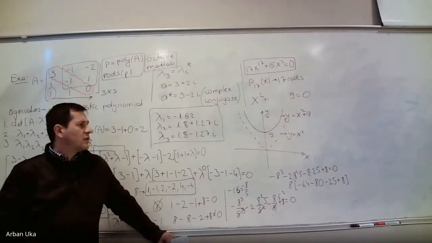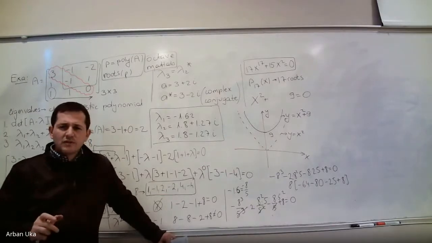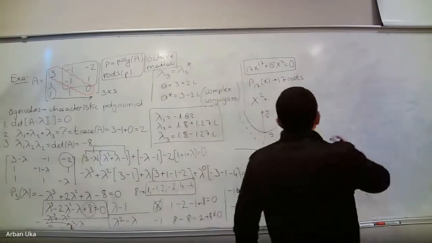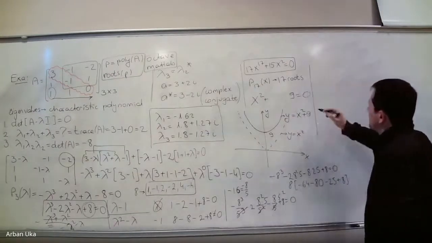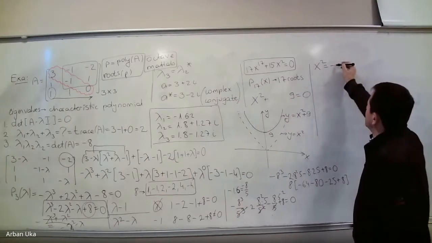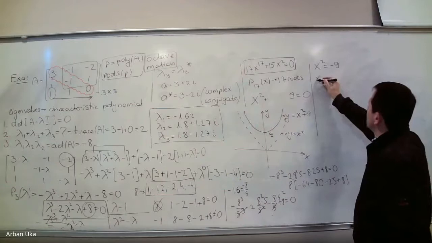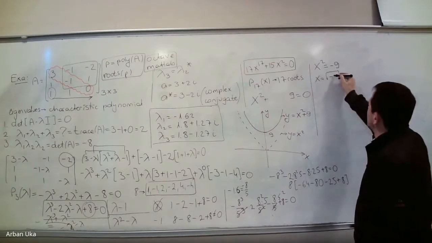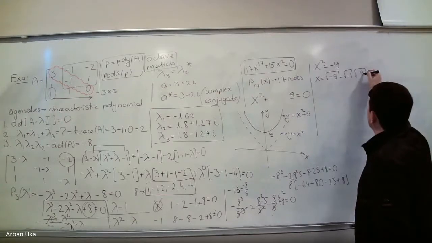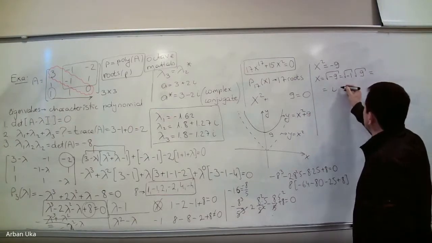Okay. And the complex numbers are one type of expansion of the real number domain. Let me say it this way: if you work for this specific case, x squared is equal to -9, and then x would be equal to the square root of -9. This is the square root of -1 times 9. Square root of -1 is i.